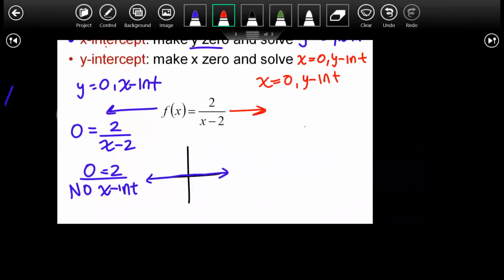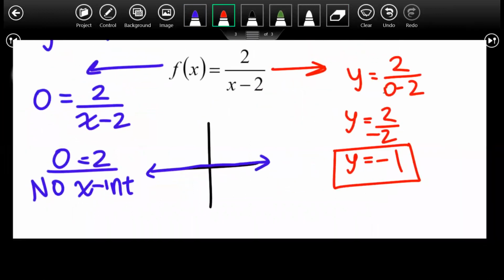If we plug this in, y is equal to 2 over 0 minus 2. We're going to get 2 over negative 2, or y is equal to negative 1. That means we're going to have an asymptote at negative 1.